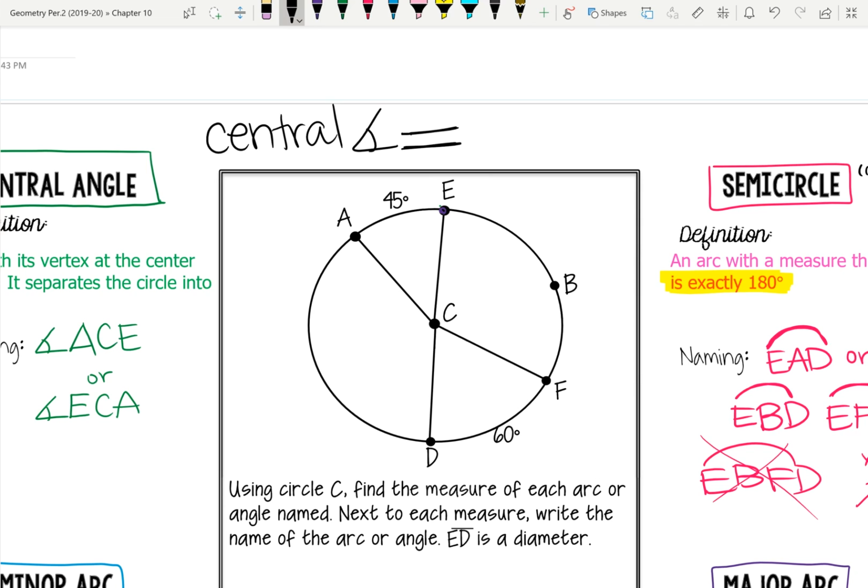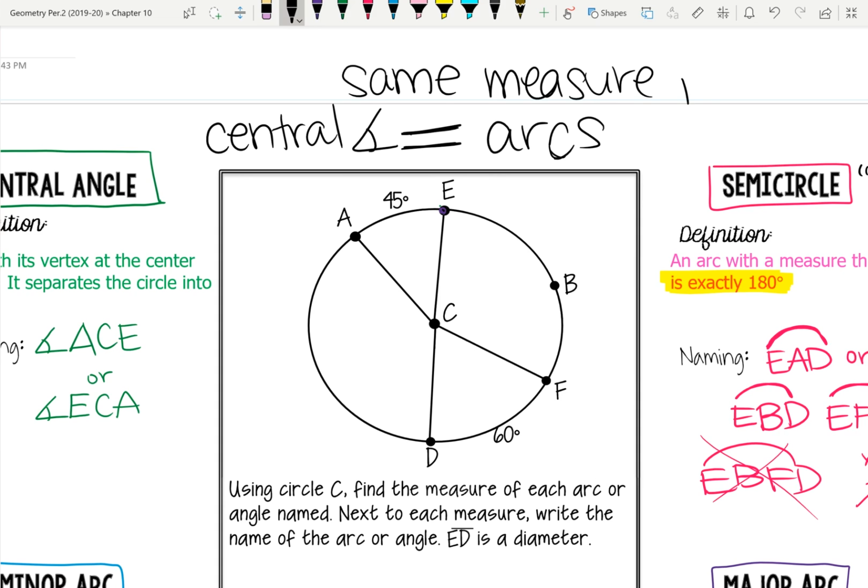They are equal in measure as their associated arcs. They have the same measurement, in other words, the same measurement in degrees. We measure arcs and angles in degrees, so they have the same measurement.